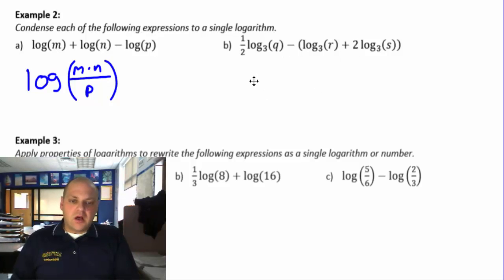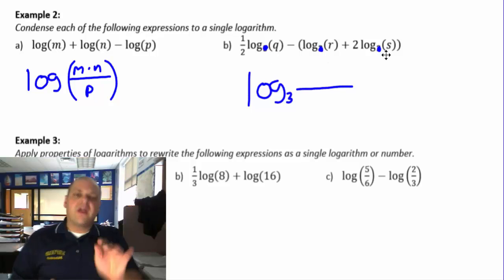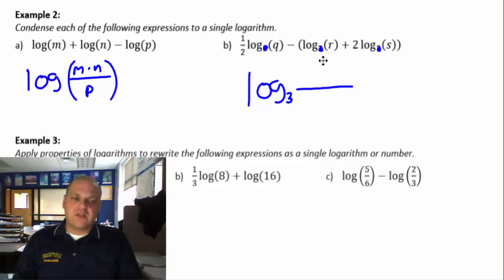And then this one here, let's see what's going on here. So I have, again, a subtraction, so I'm going to put divide by. Anything before the subtraction, I have a base 3 here, so I'm just going to ignore the 3's. Just put log base 3, and we can kind of ignore the 3's so we don't get confused. I'm crossing them off just so we don't get confused. All right, so half q, this is q raised to the half.